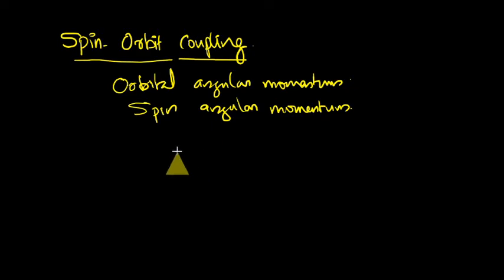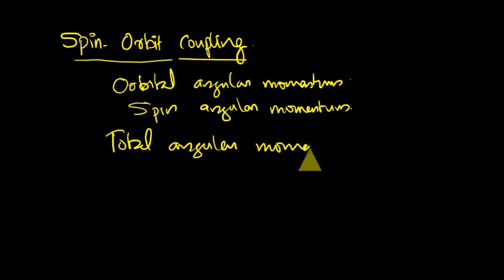So when there is a net orbital angular momentum and a net spin angular momentum in an atom, these angular momenta combine or couple to give a total angular momentum. These are all very important terms.